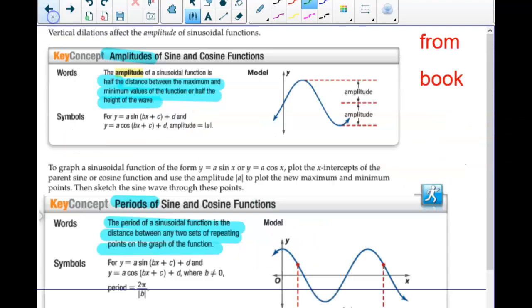All right, I'm going to swing back to this slide, and it says the periods of sine and cosine function. Well, the definition of period is the length it takes to repeat one cycle. Anywhere that I start on this, as long as I get back to there, that is the distance of one period.